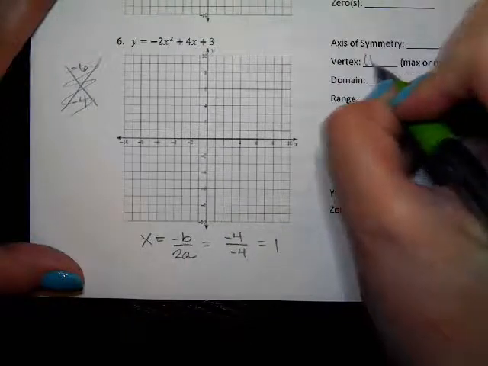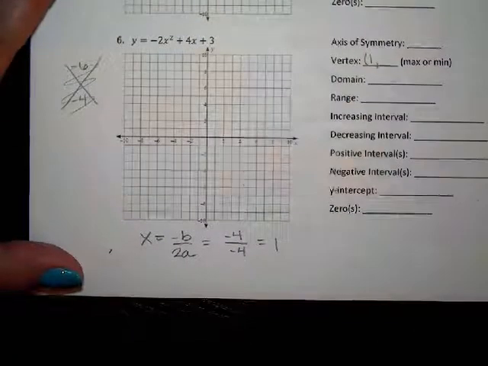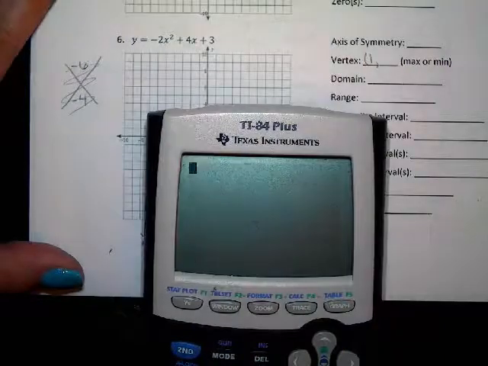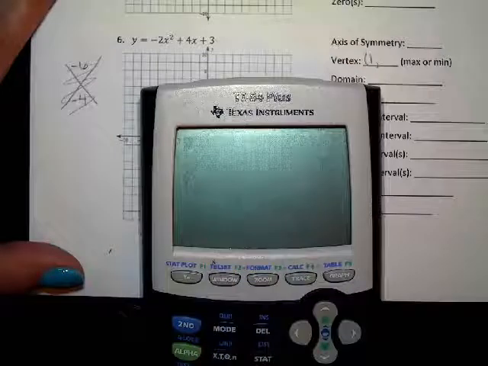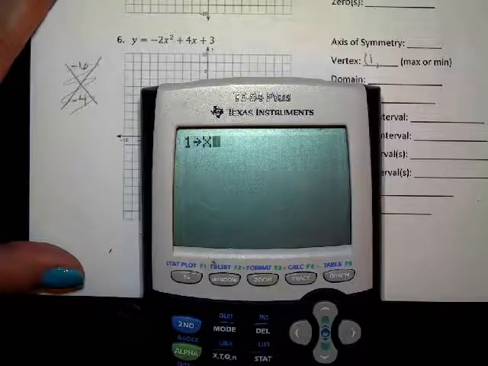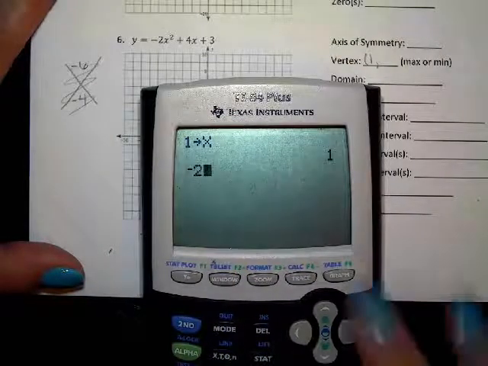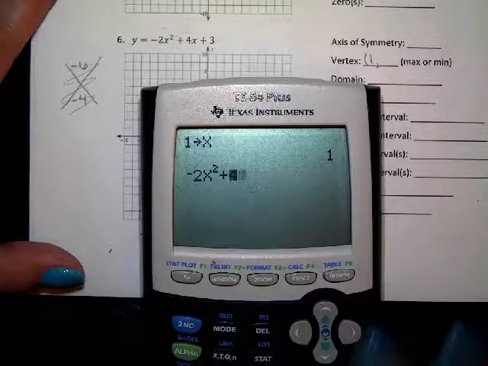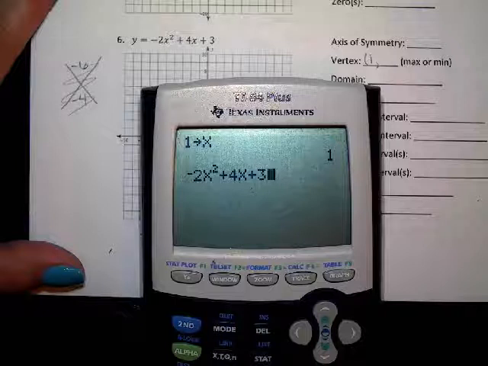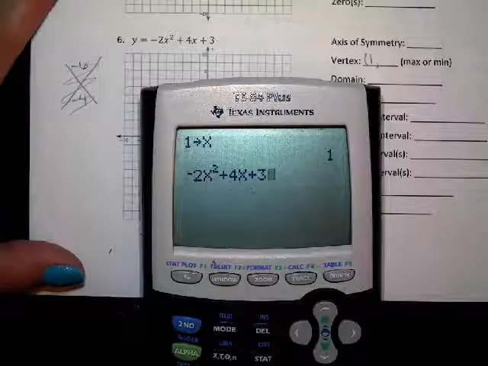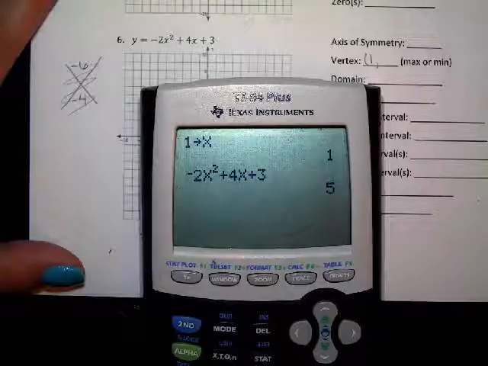So what's the y-coordinate? Oh, I did something wrong. Typoed? Oh, yeah. Okay, so we got 5. We got axis of symmetry, x equals 1.